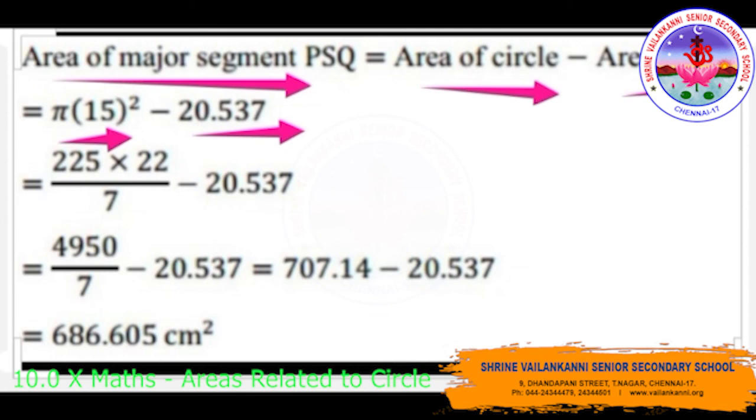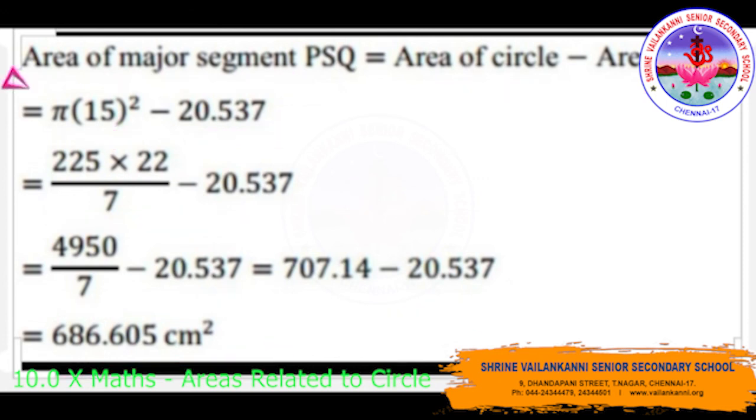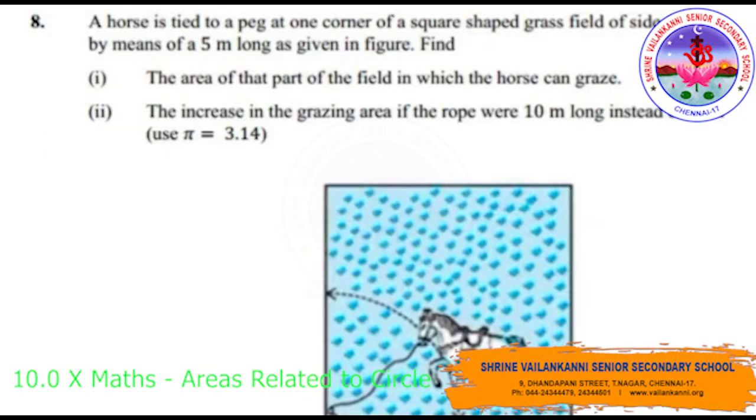So simplifying here, I will be getting 225 into 22 by 7 minus 20.537. Further simplifying, I will be getting 686.605 centimeter square. So I got area of the major segment as 686.605 centimeter square.